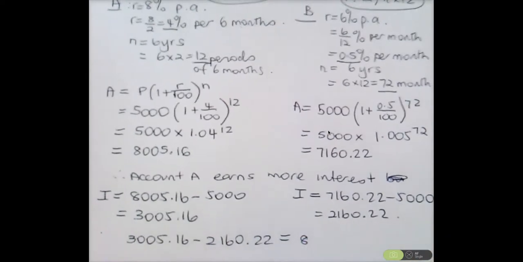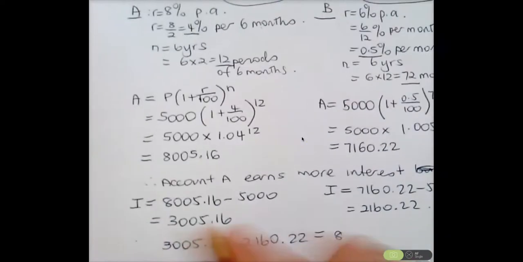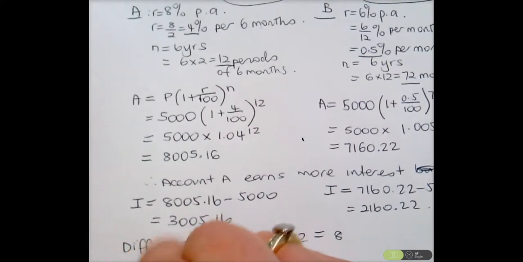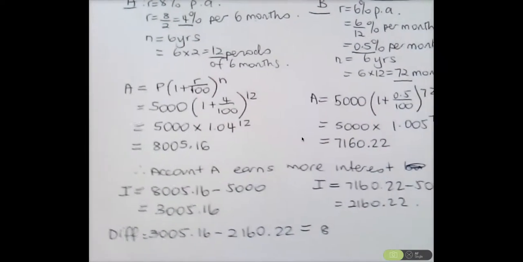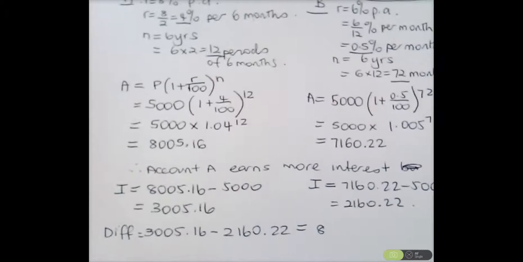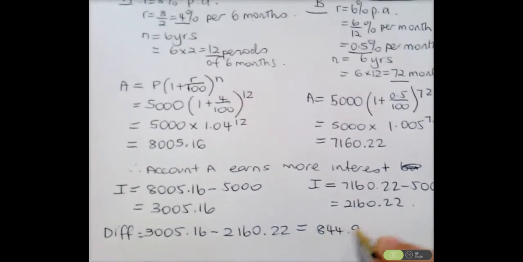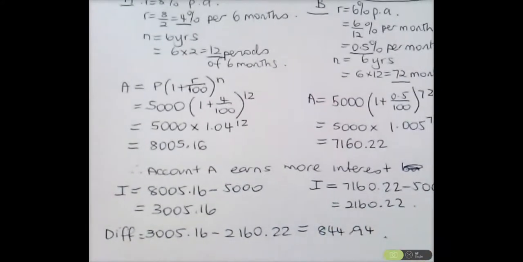So the difference between the interests is, what do we get? 844.94.